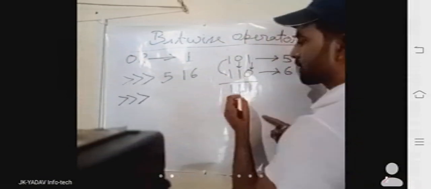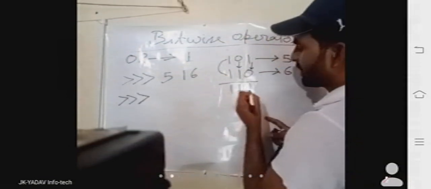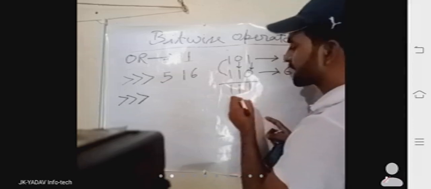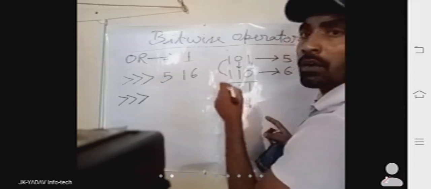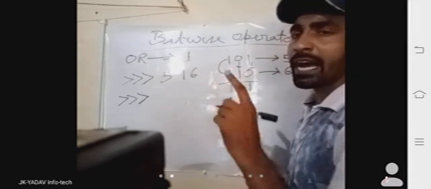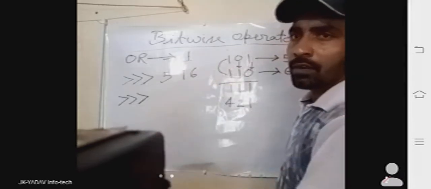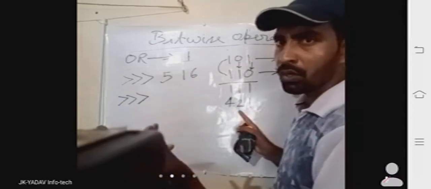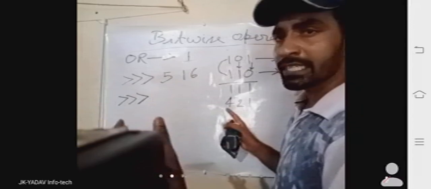Let us see. You first write 1 for the first digit, 2 for the second digit, and 4 for the third digit. Starting from 1, always make it double: for the first digit 1, then the double of 1 for the second digit, that is 2, then the double of 2 for the third digit, that is 4.